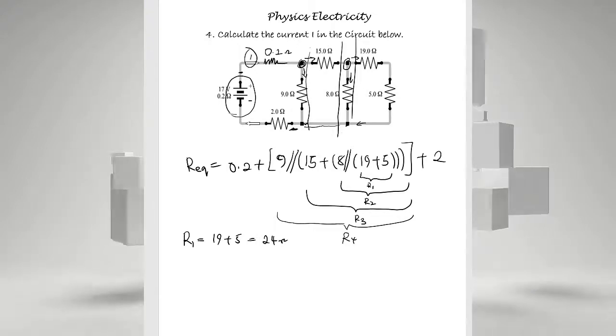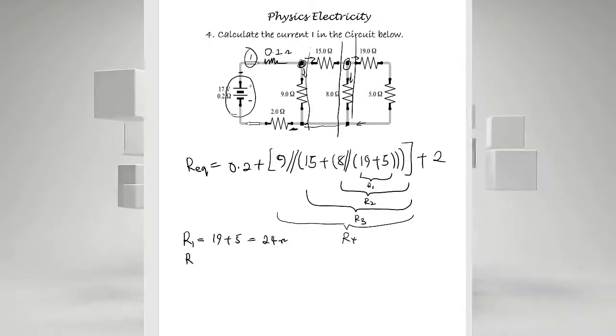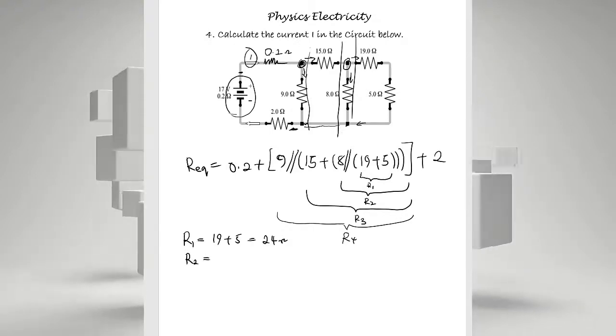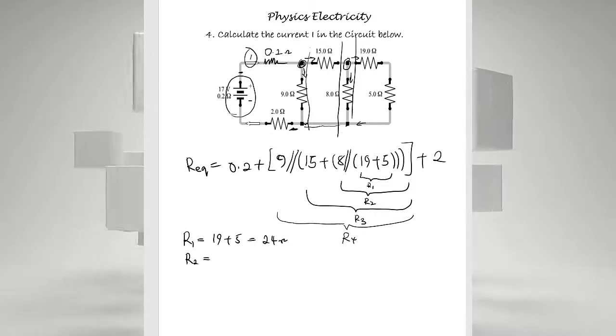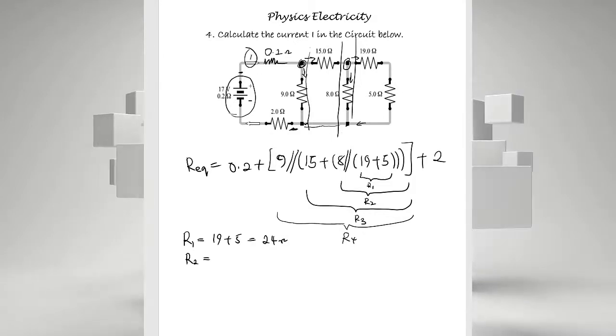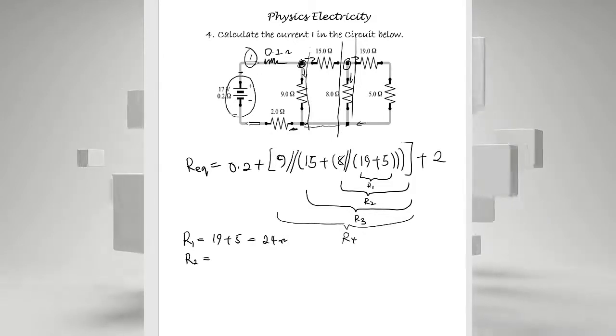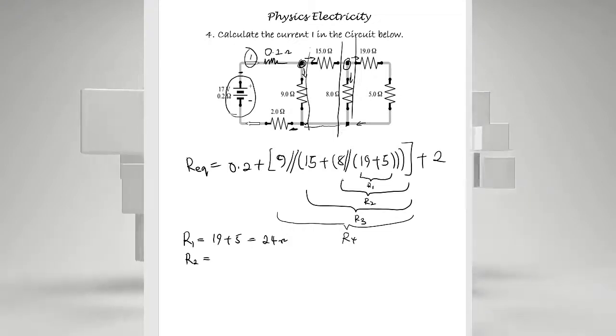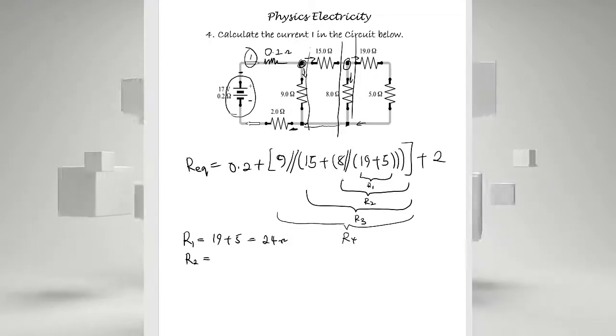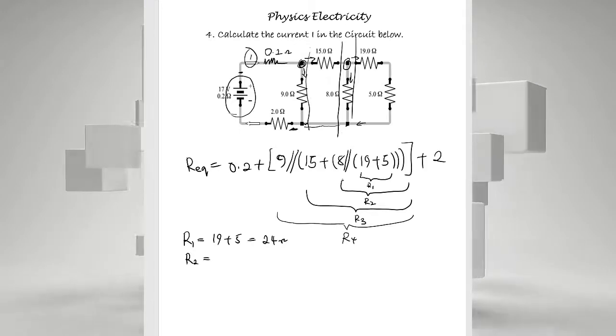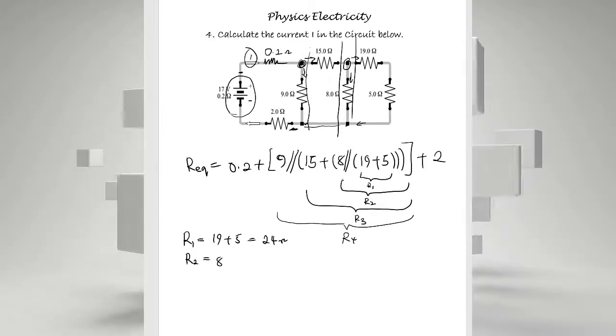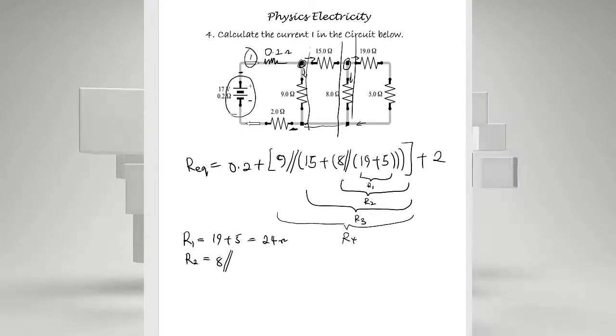So R1 is equal to 24 ohms. Then R2 is 8 in parallel to 24 ohms. That's what we said there: 8 in parallel to the rest of the circuit. So R2 would be equal to 8 parallel 24.